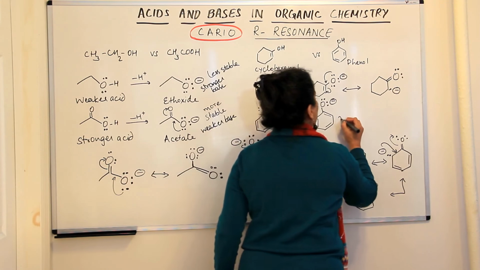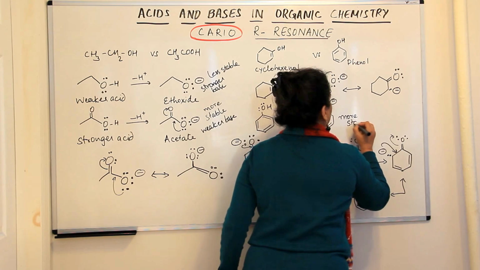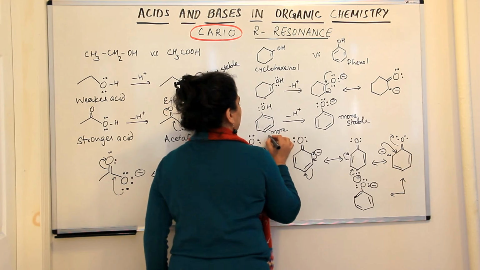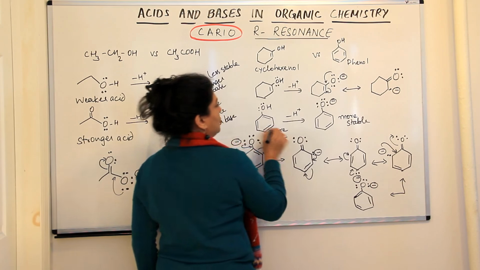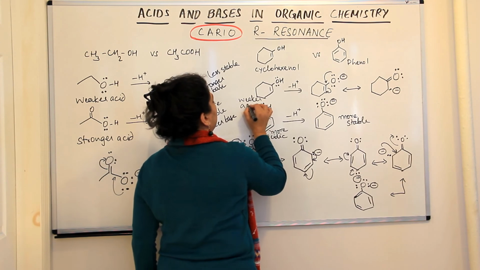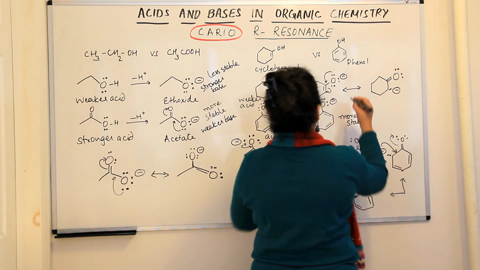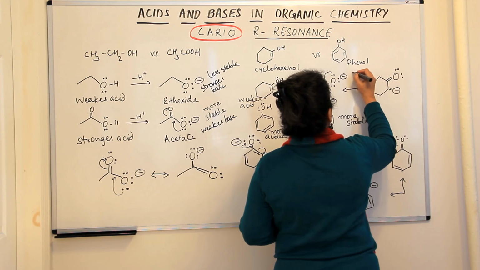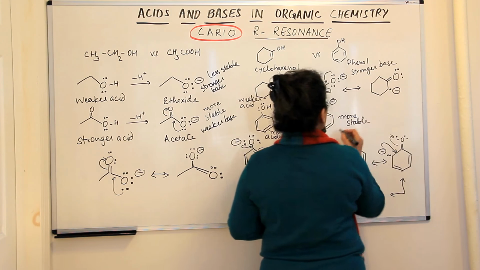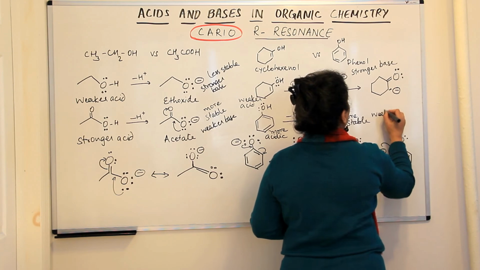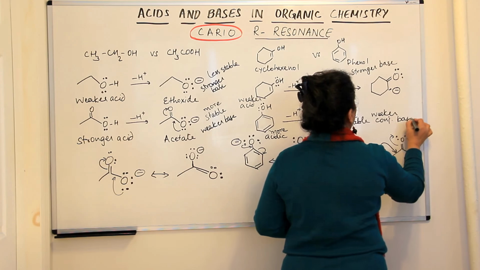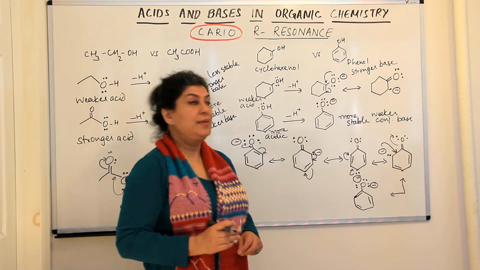If this is more stable, this is more acidic, or this is the stronger acid, and this is the weaker acid, and this is the stronger conjugate base, and this is the weaker conjugate base, right?